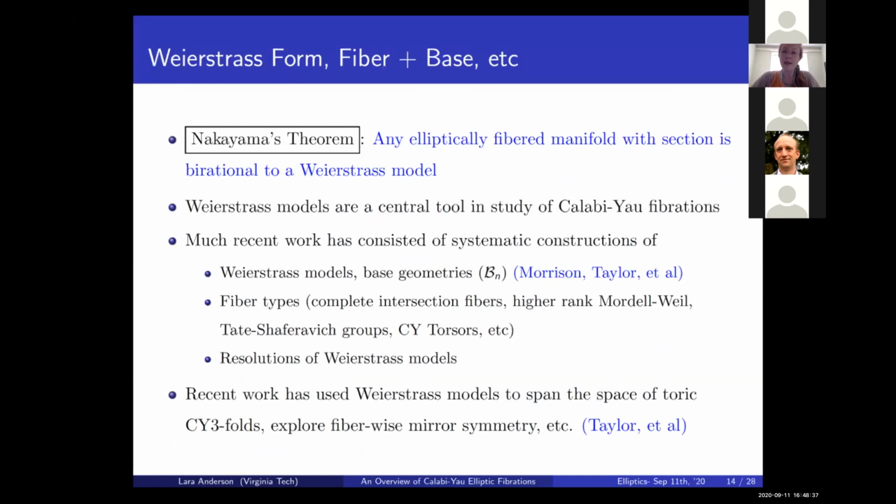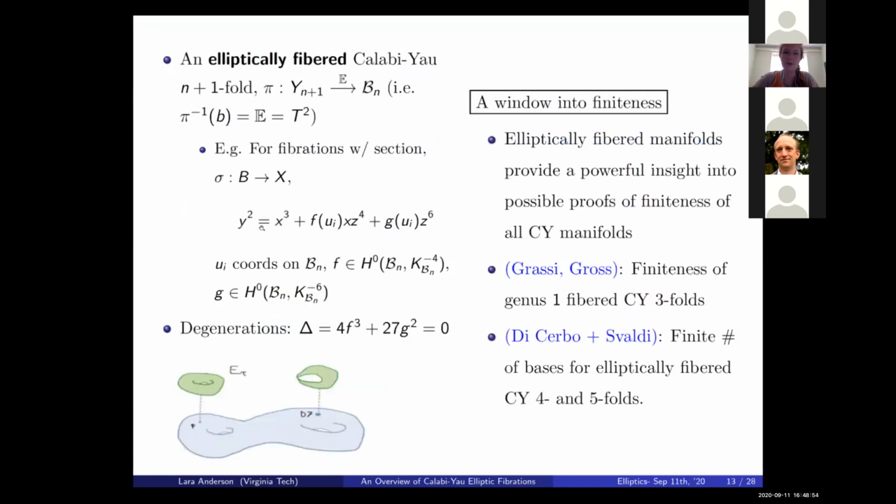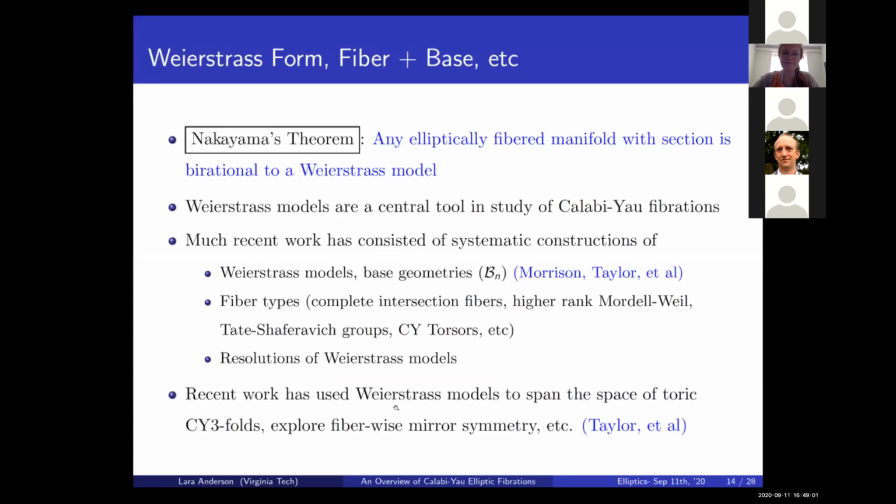So another statement about these special normal forms, there's a theorem due to Nakayama that says that if you have a Calabi-Yau threefold which is elliptically fibered, i.e. genus 1 fibered with section, then it is birational to this special normal form referred to as a Weierstrass model. Again, this is this simple description of a P123 elliptic fiber over each point in the base.